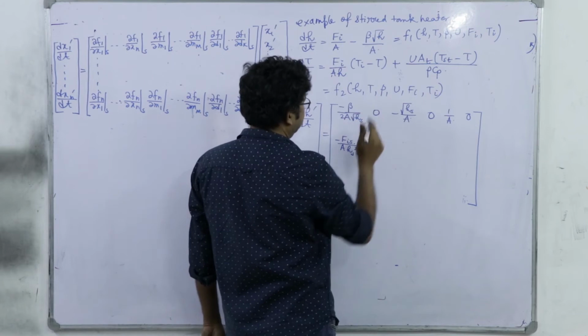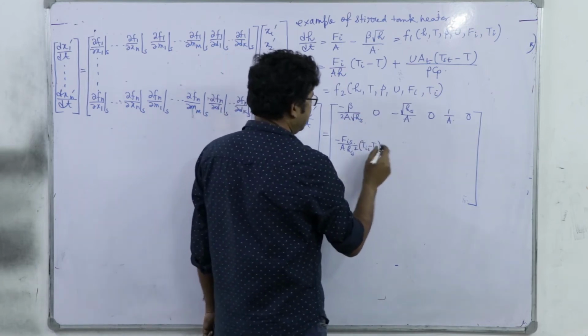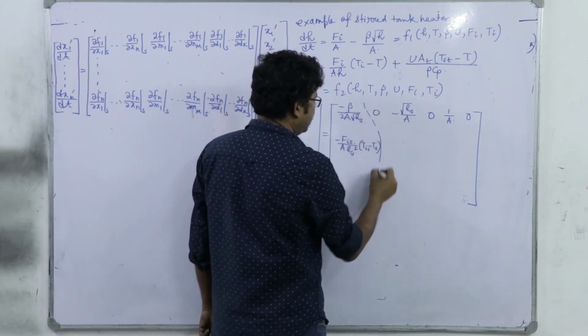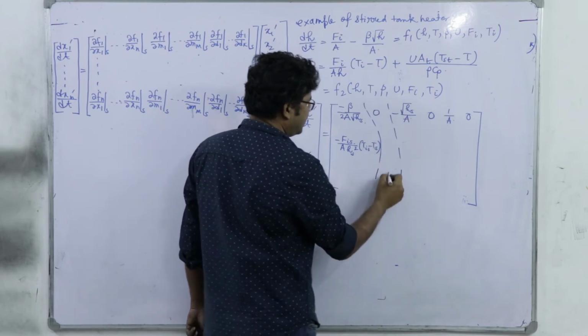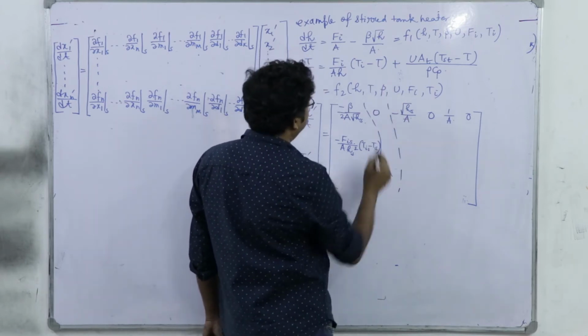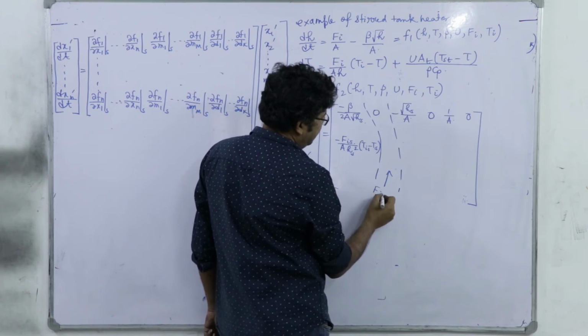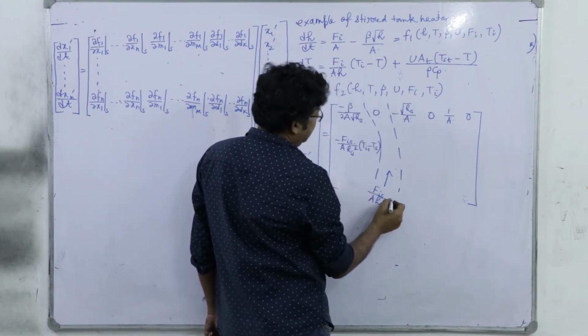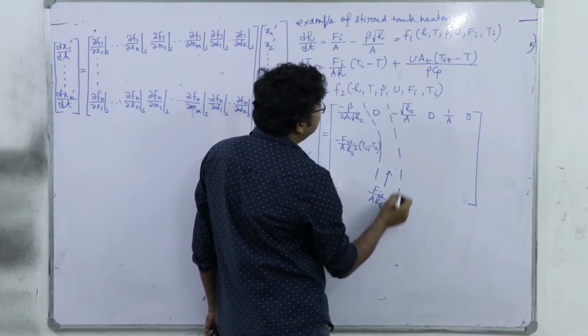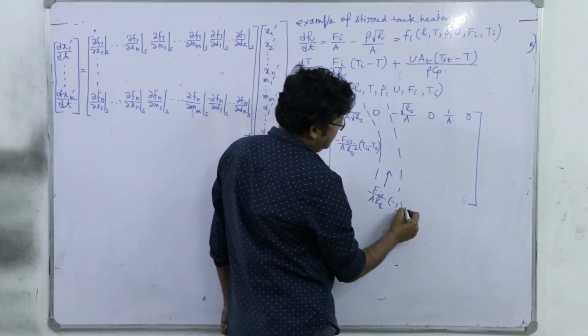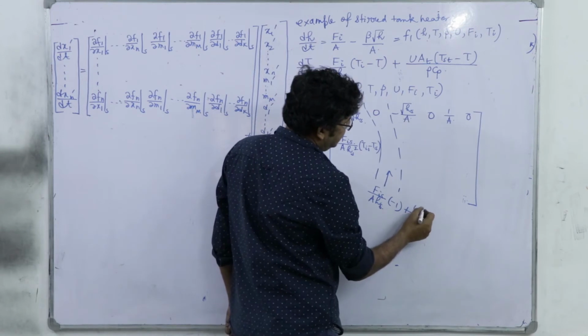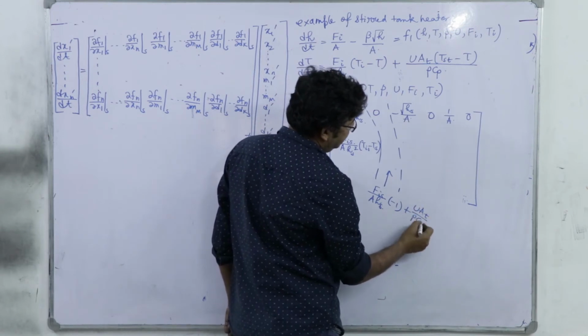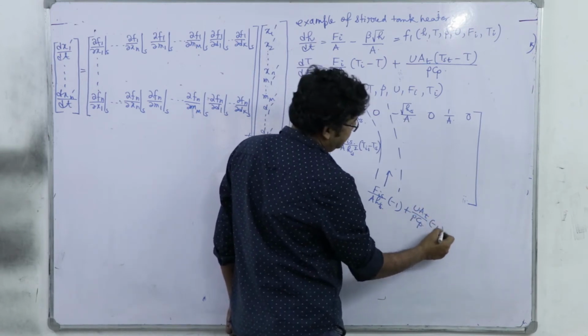Now derivative with respect to T, so this is the first term here. So derivative with respect to T, here the term will be Fis by A Hs into minus 1, right, plus U into At divided by rho Cp again into minus 1.